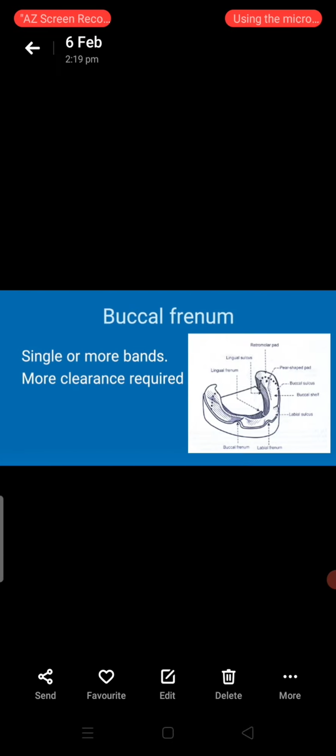Here the flange of the denture that comes in that area will be the labial flange. Now come to the buccal frenum. The buccal frenum is a single or more bands, like in the maxillary. More clearance is required, meaning we should trim the denture in that area more than at the labial frenum.